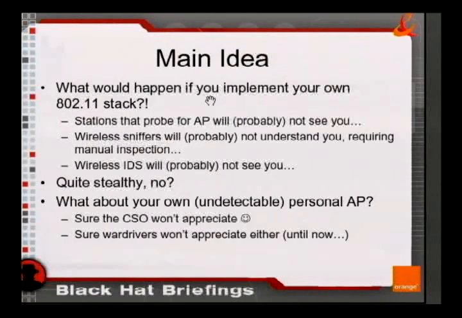The main idea is what would happen if we implement our own 802.11 stack, or do some very simple modification both on the access point and on the client. It could be quite fun because depending on the modification you are doing, you will still keep the good properties of the 802.11, meaning high performance and all these kind of things. But if you do some specific tweaks, we will be able to be really stealth. So this could be very funny.